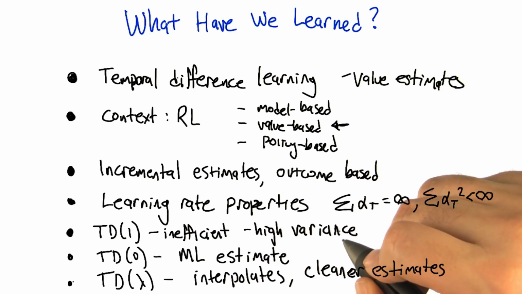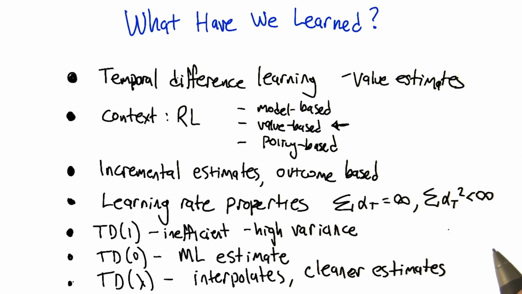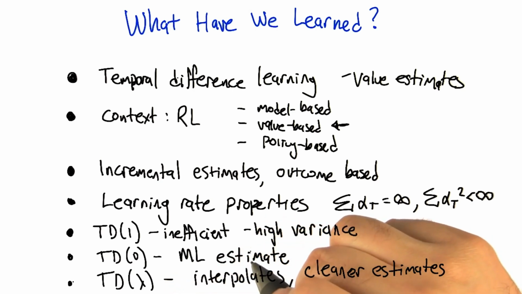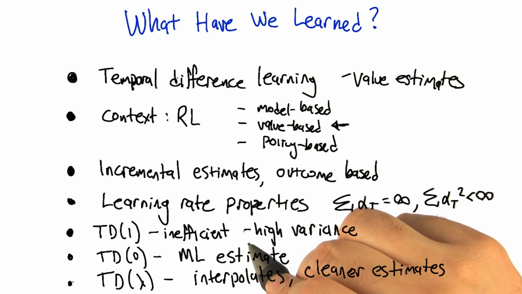Right. And first off, that's neat because otherwise you wouldn't need to have TD lambda. But it's in some ways a little surprising. Why is that? Well, because it just kind of works out the way that you would want it to work out. You went through all this trouble to generalize between things. You have this highly nonlinear way of combining all the different k-step look-aheads. And it turns out that combining them so it's not quite 0, it's not quite 1, is better than either 0 or 1.